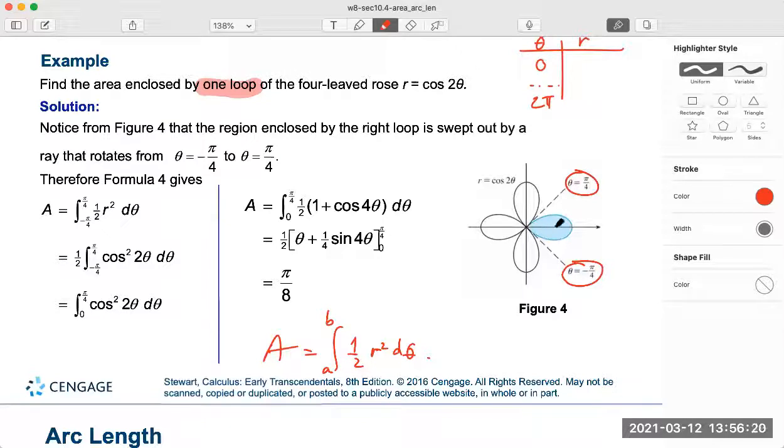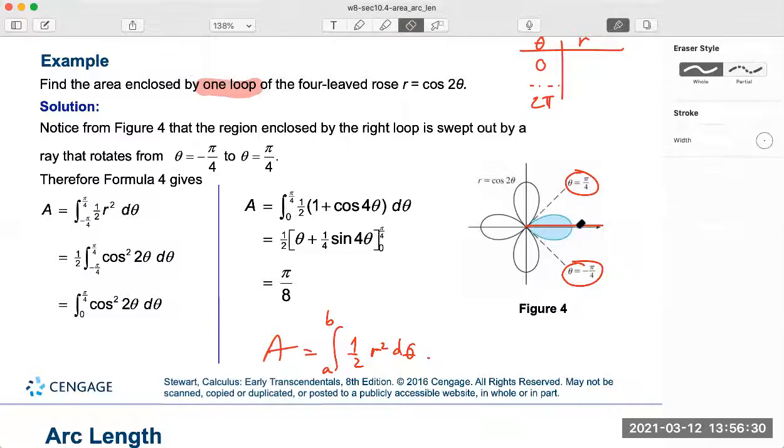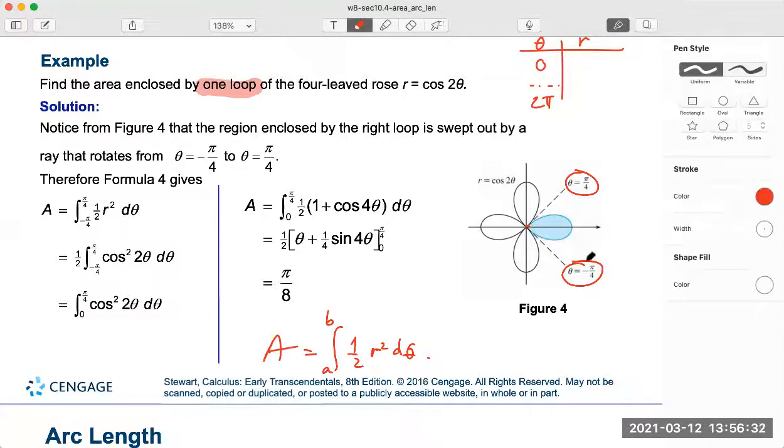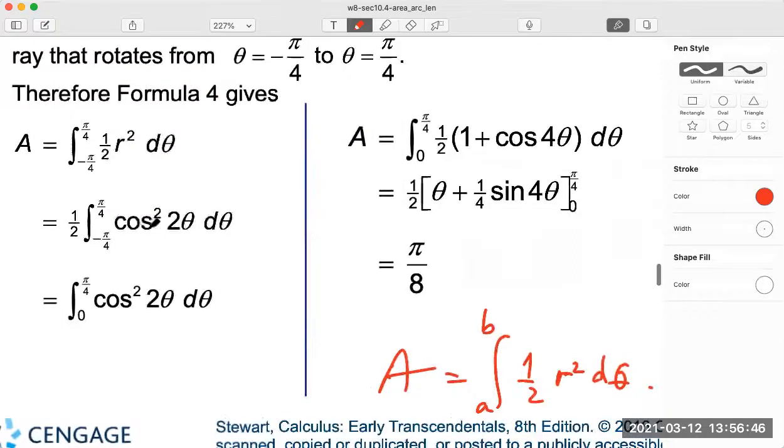It is symmetric with respect to this line, right? Which means the integral from negative pi over 4 to 0 and 0 to pi over 4 is double the integration from 0 to pi over 4 of this function.